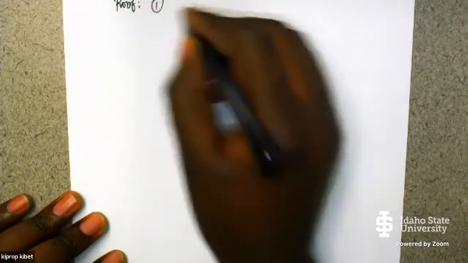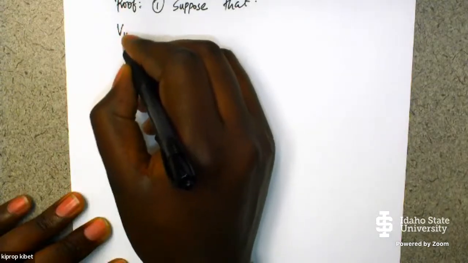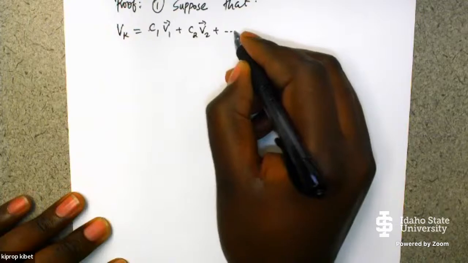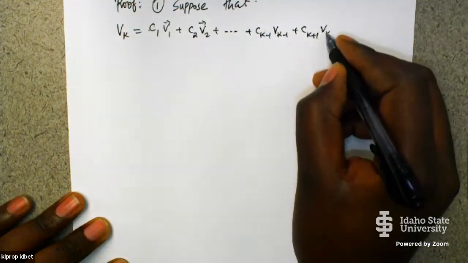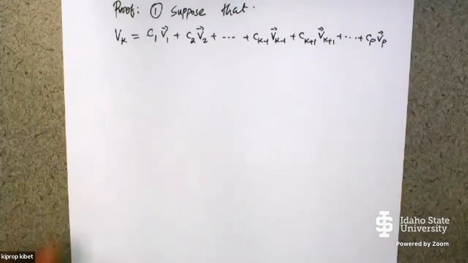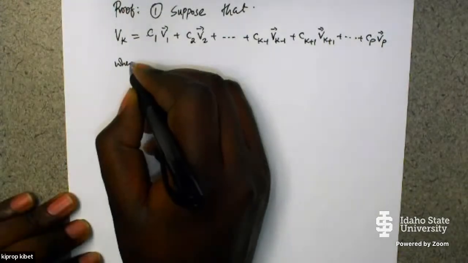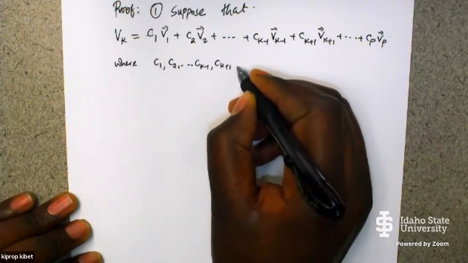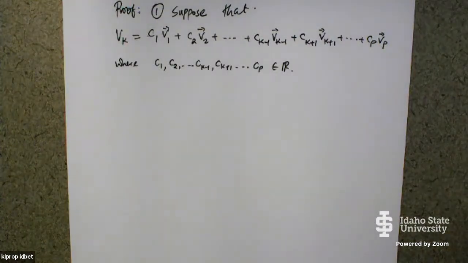Number one, suppose that Vk equals C1 V1 plus C2 V2 plus Ck minus 1 Vk minus 1 plus Ck plus 1 Vk plus 1 plus Cp Vp, where C1, C2, all the way to Ck minus 1, Ck plus 1, all the way to Cp are elements of the real numbers.